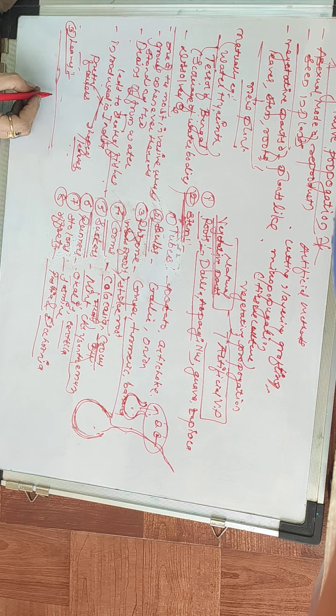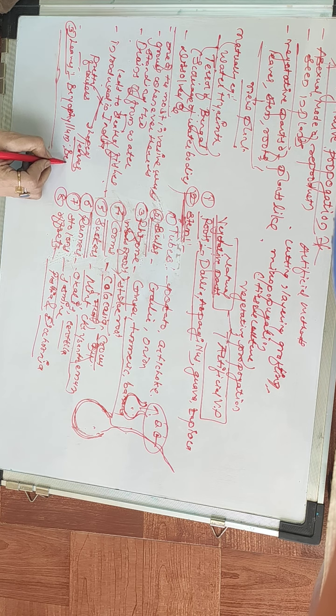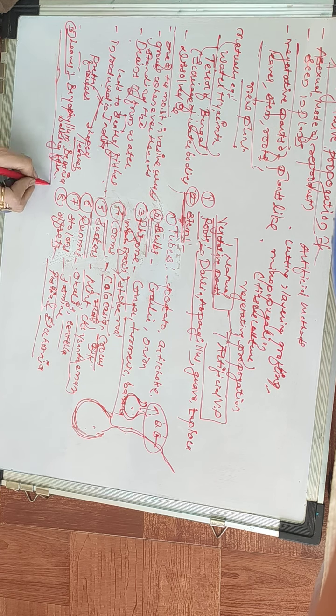The first example is bryophyllum, that is Brahma Kamal. Then begonia is another example that is also grown from that. And walking fern is also developed from the leaves.